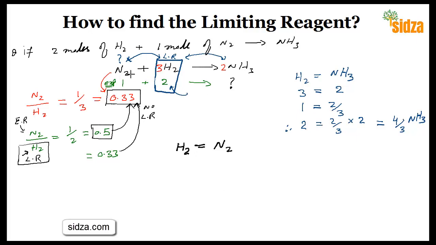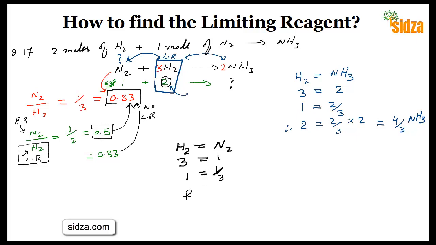As per the balanced equation, 3 moles of hydrogen actually react with 1 mole of nitrogen, right? So therefore 1 mole of hydrogen will react with 1 by 3 moles of nitrogen. And we have got 2 moles of hydrogen, our limiting reagent, isn't it?